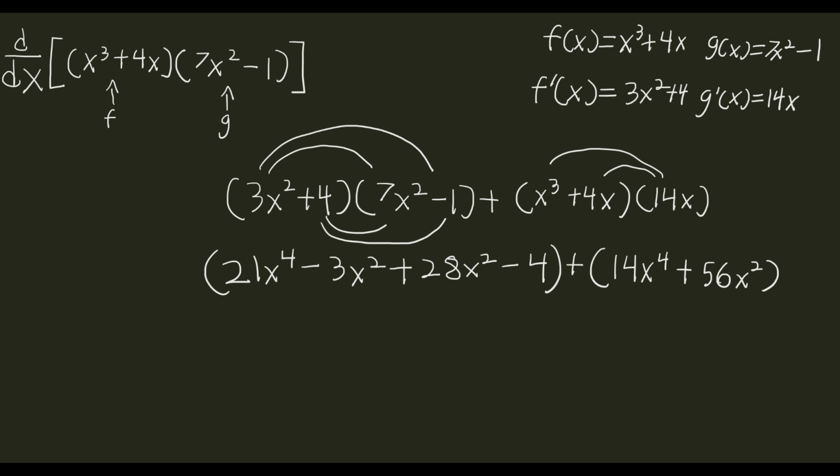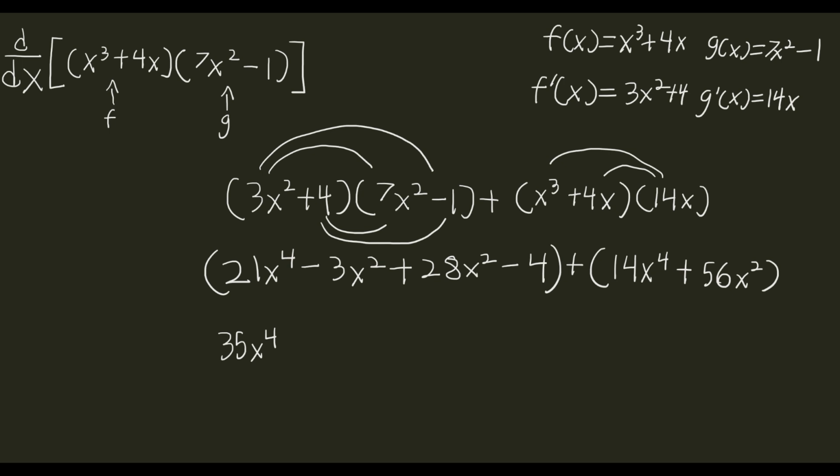Let's do it. 21x to the fourth plus 14x to the fourth would get us 35x to the fourth. When it comes to x squared, we see that we have 3 terms with it.